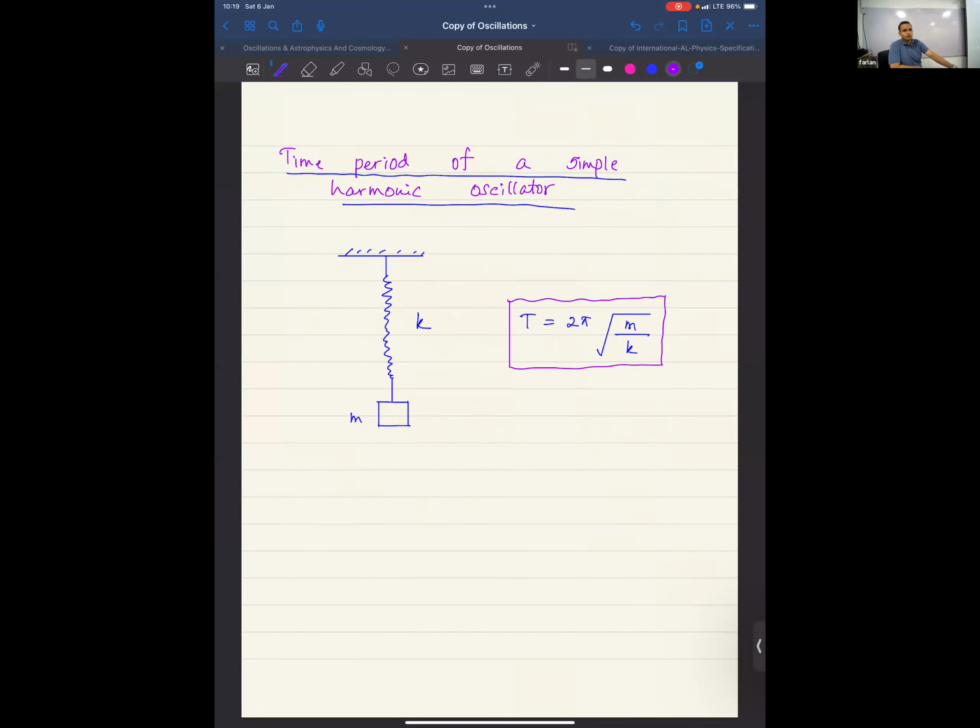So guys, let's consider a spring which has a spring constant K and a mass M attached to it. Then you pull it down and release it. It will oscillate. The time period of that oscillation is given by 2 pi square root of M over K, if it is a simple harmonic motion.